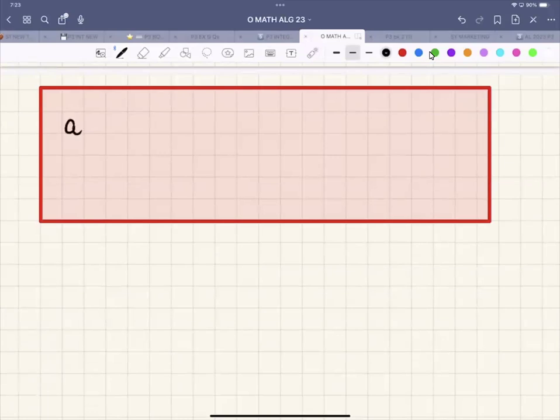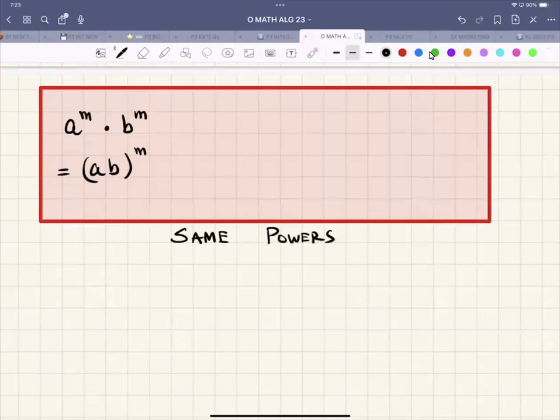Now let me focus over here. This time a^m into b^m equals (ab)^m. So this time the rule is about same powers. It's not about same base. The base could be same or not. That's not the issue. It's about same powers. And let me write another rule. a^m divided by b^m equals (a over b)^m.